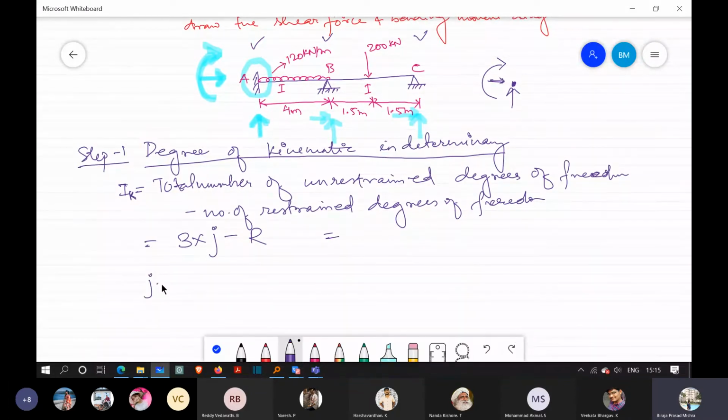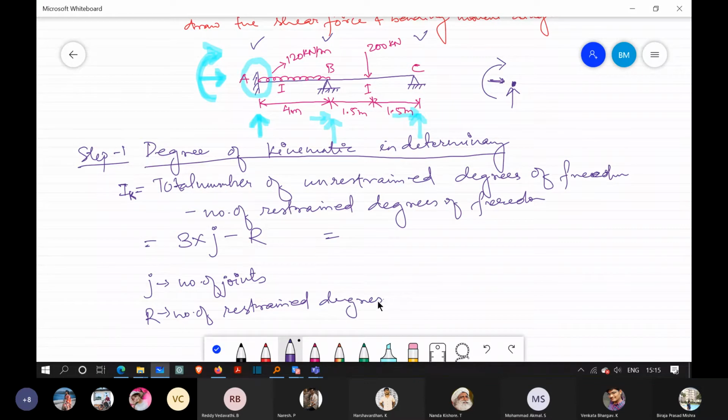So j is the number of joints and r is the number of restrained degrees of freedom. So 3 into the number of joints is 3 into 3. Okay, now what is this capital R?